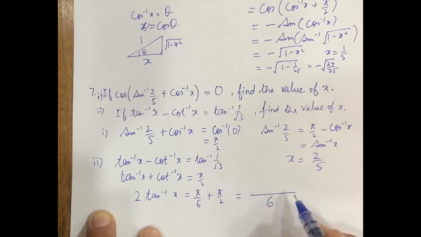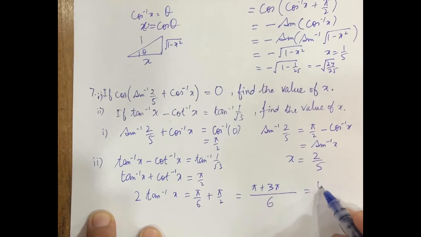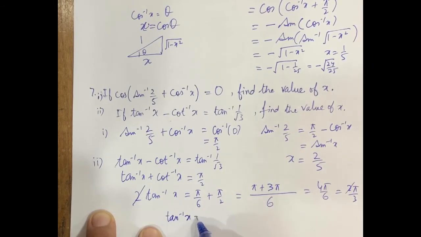So taking LCM, this is pi plus 3 pi, 4 pi by 6, or 2 pi by 3. We can cancel out 2. Tan inverse of x is equal to pi by 3. This means x is tan of pi by 3, which is root 3. So this is the answer. x is root of 3.